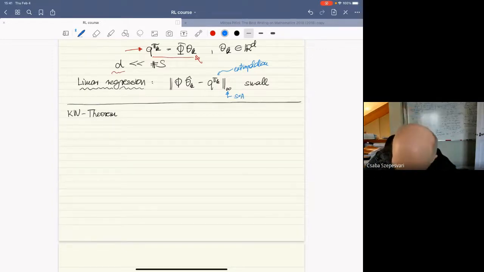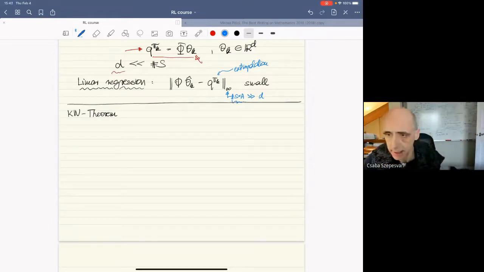There are many, many of them, many more than the number of parameters that we want to estimate. And we don't want our computations or measurements to scale with the number of state action pairs. We want everything to scale with the dimension and the horizon and whatever other factors which are under control.